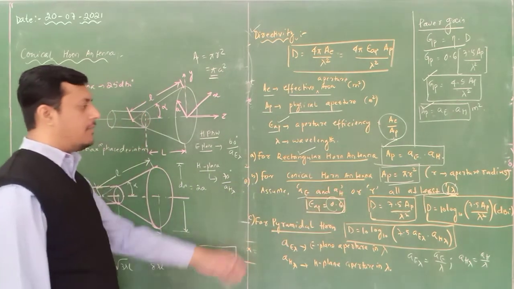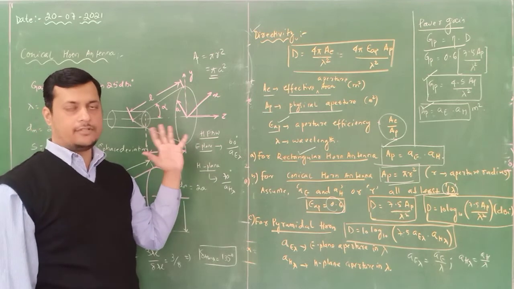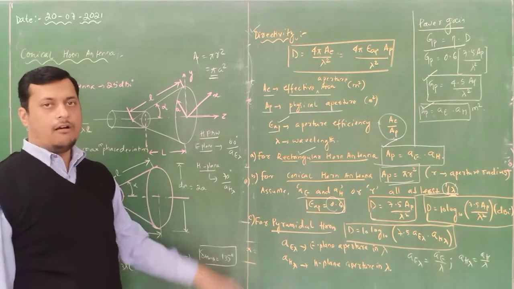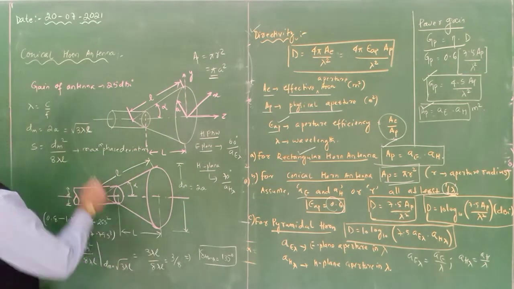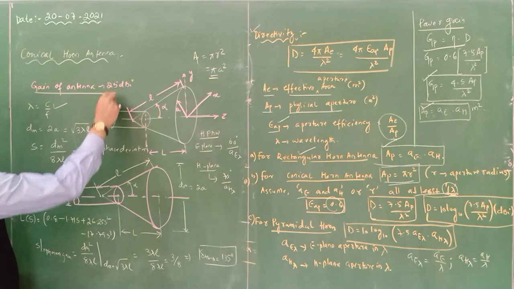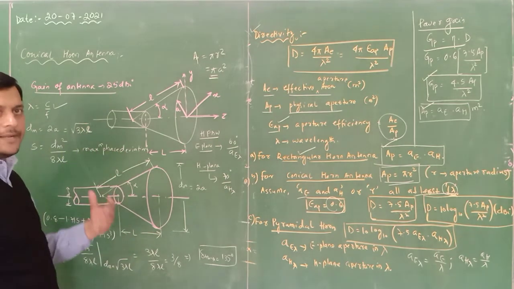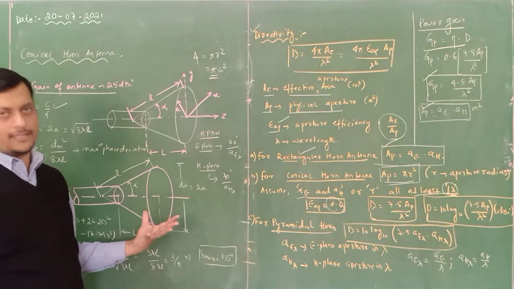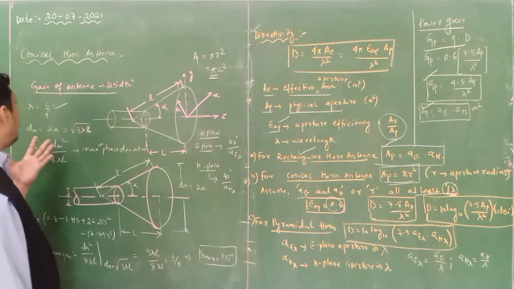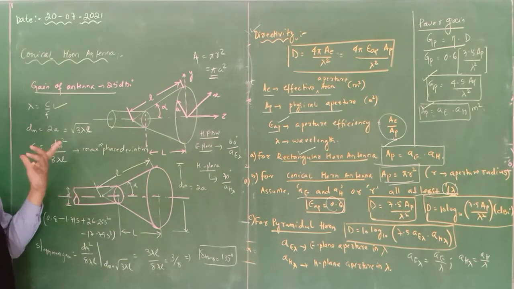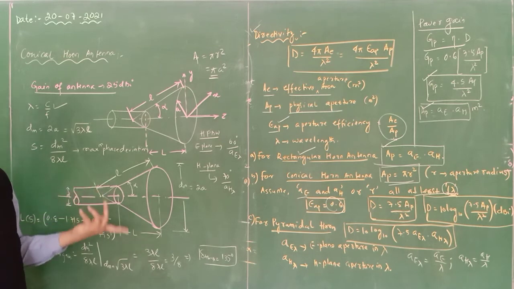Apart from this relation, there are a few other relations for the conical horn antenna. The gain must operate within 25 dB, not more than that. The wavelength can be calculated easily: lambda is equal to C by f.